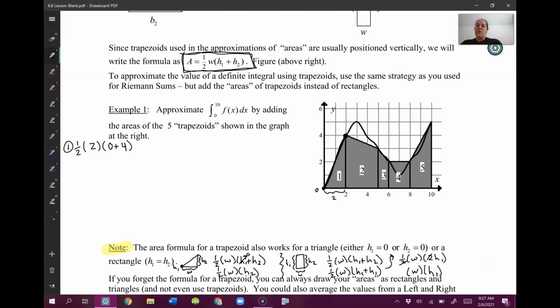And those 2's become a 1, that's a 4. Okay, I want you to pause the video, find the area of these other 4 trapezoids, 2, 3, 4, and 5, and then add them all together. Come back and check to see how you did.